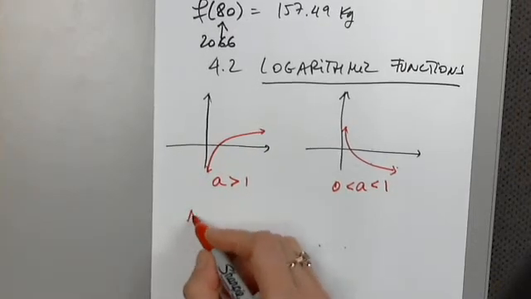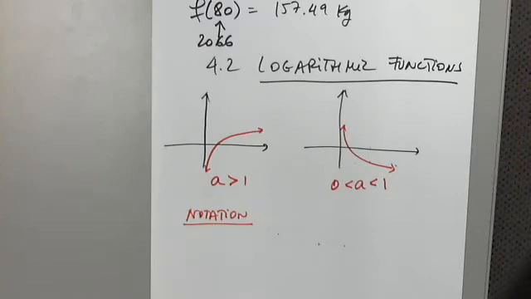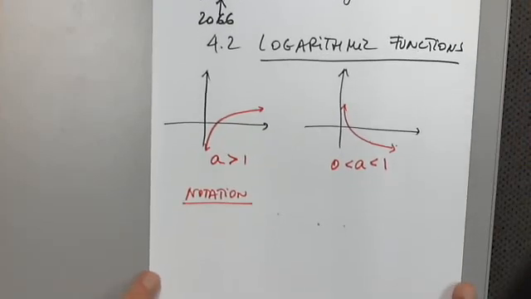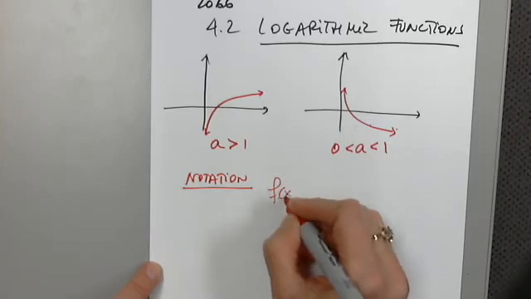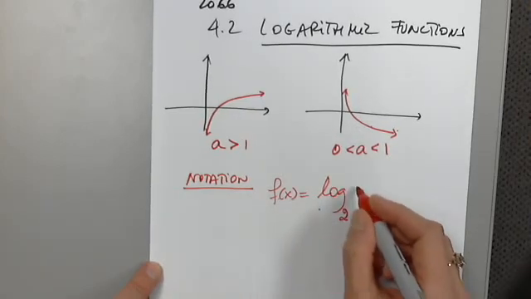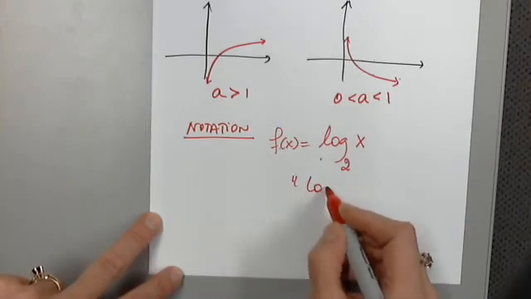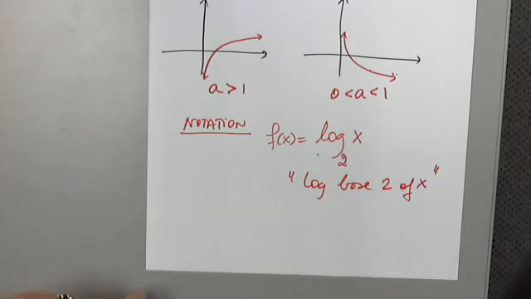Okay, here's a notation for the log function. Please do not get scared. It looks a little weird. It's nothing to be worried about. So here's the notation for the log function. Log base 2 of x.